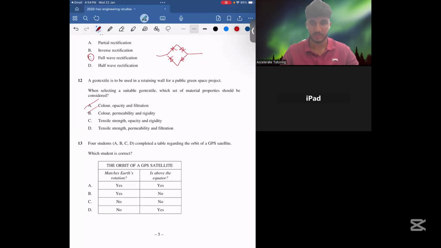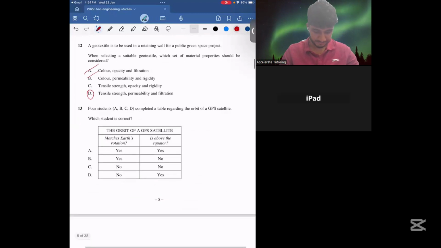You want a geotextile to be relatively easy to form into any shape, or like the ground structure where it's going to be placed. So in this case, D is our most correct answer because, again, filtration is something else we want to consider because you don't want water seeping through a geotextile. We want it to be waterproof, and so it doesn't allow for sinkholes to be created because geotextiles are usually used under pavements or, like, say, roads. So we don't want a sinkhole being created due to incorrect filtration occurring.